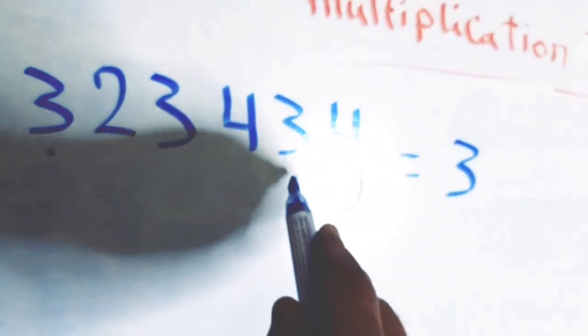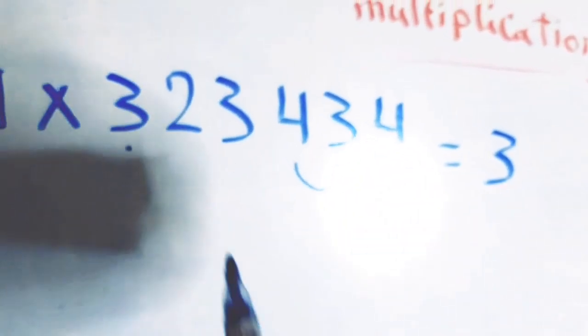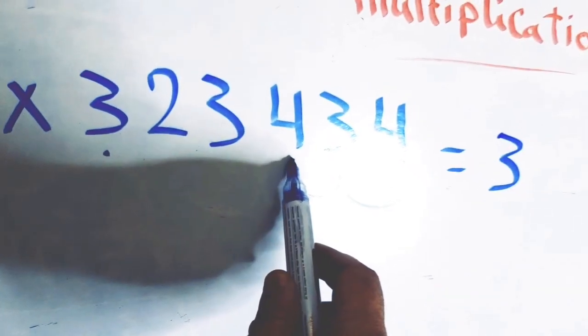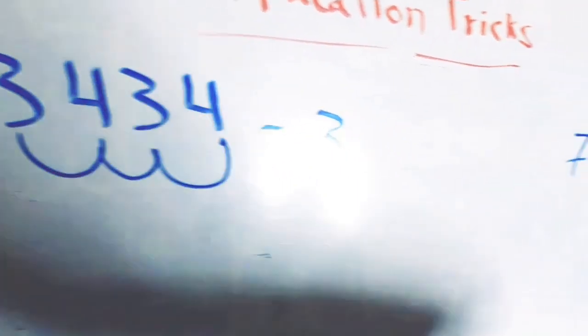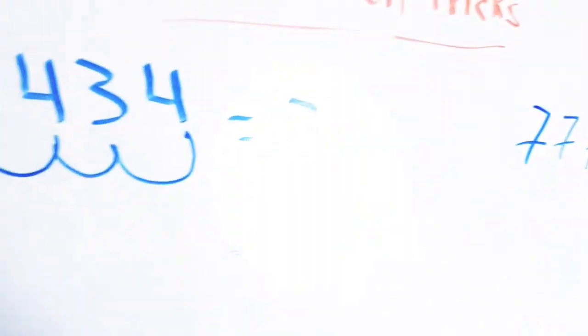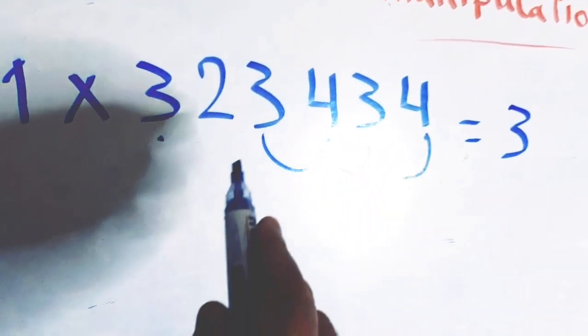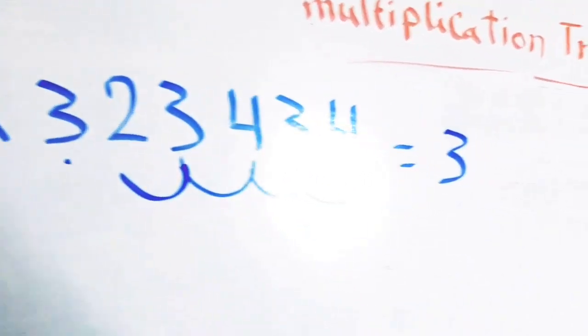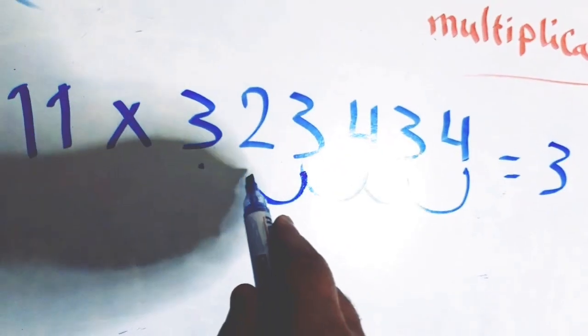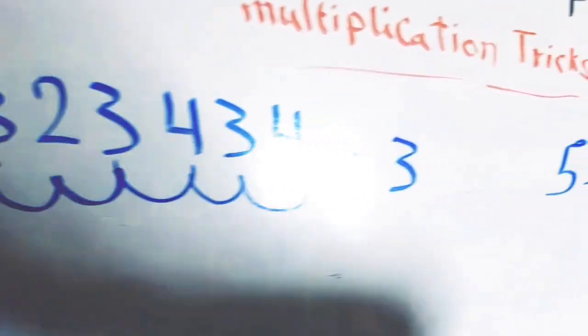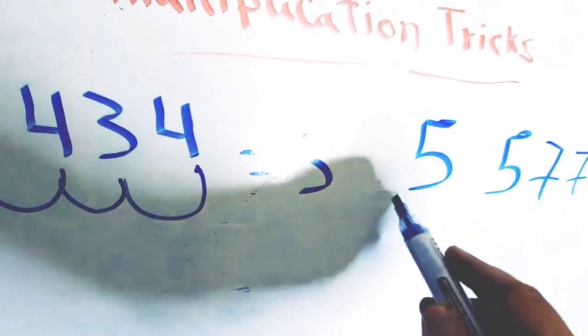We write 7 here. 3 plus 4, 7. We write 7 here. 4 plus 3, 7. We write 7 here. 3 plus 2, 5. We write 5 here. 2 plus 3, 5. We write 5 here.